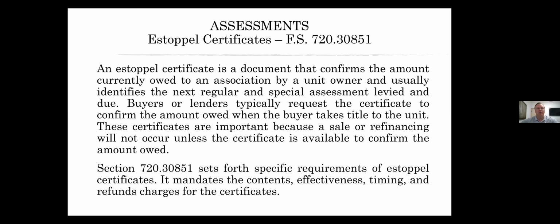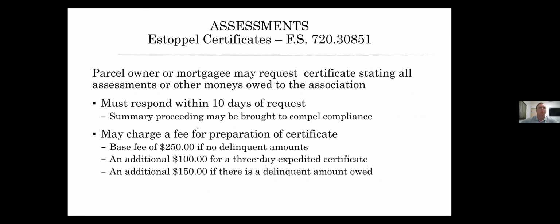Basically, this is a document that tells the mortgage company or the buyer how much in past due assessments is owed, and those usually have to be paid before the closing takes place. These are important because you have certain timelines and requirements that you have to meet in order to give these to the requester. And the requester is the parcel owner or the mortgagee.